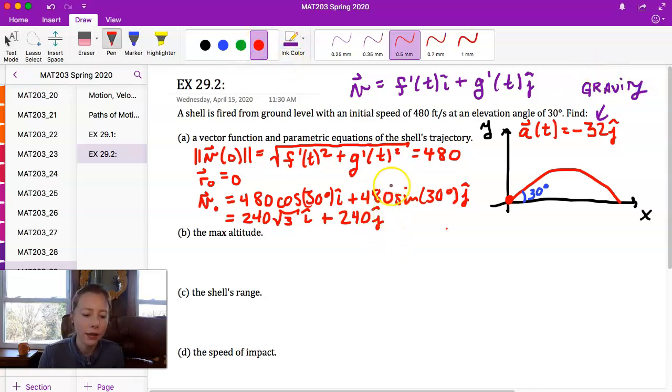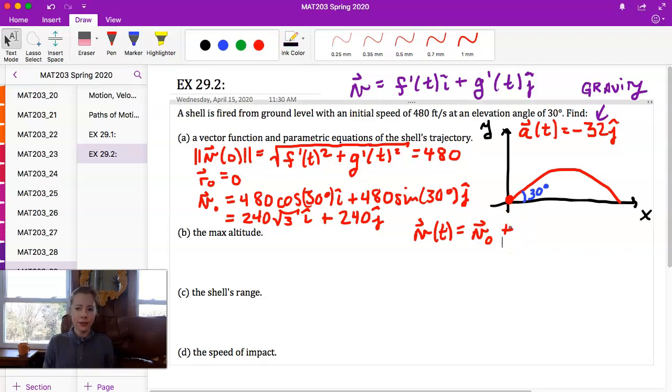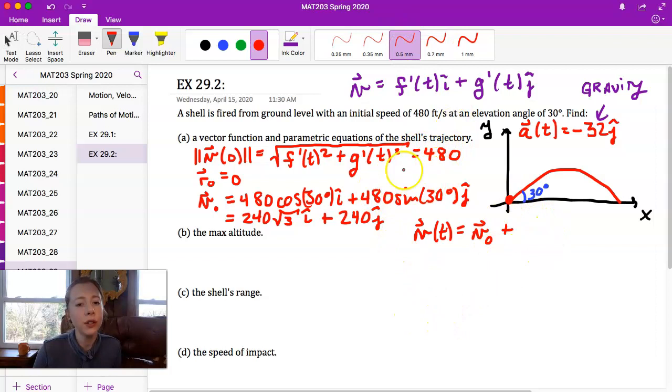Okay, and so now we know the initial velocity, we know the acceleration, so let's just try to find the velocity. So in order to find the velocity as a function of time, it's going to be equal to the initial velocity vector plus, so if you integrate acceleration, you get velocity.